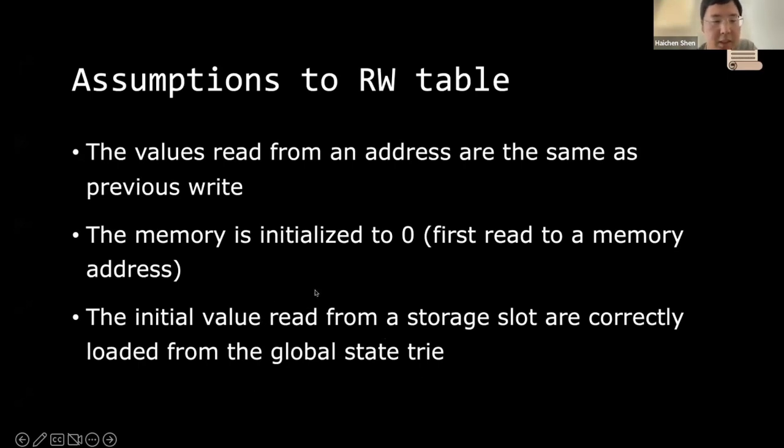That means this is an assumption that won't be checked from the EVM circuit side. The EVM circuit side is, after you read a certain value into, let's say, the memory or the stack, you do some calculations and then write back to the stack, memory or storage. So it only proves the relationship between the transition from the current read and the next write, but it doesn't constrain some initial value inside the EVM circuit.